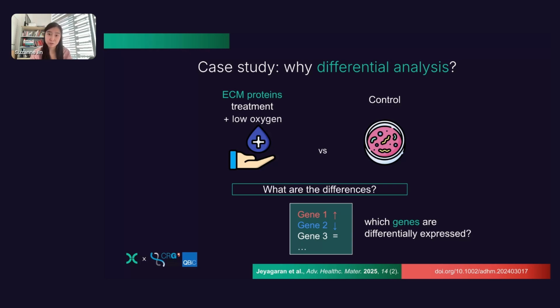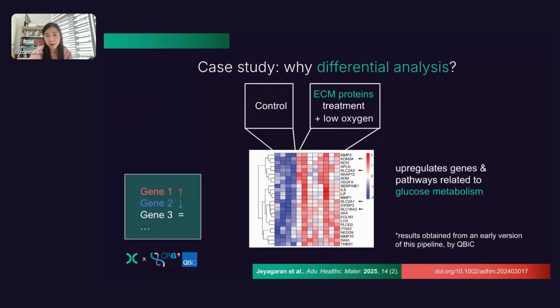This pipeline includes some of the existing tools for this kind of analysis, and when Quebec used the early version of this pipeline for the question they were asking, they found that specific genes and pathways related to glucose metabolism are upregulated because of the treatment. And that might be the reason why this treatment is helping pancreatic cells to survive and maintain their functionality.